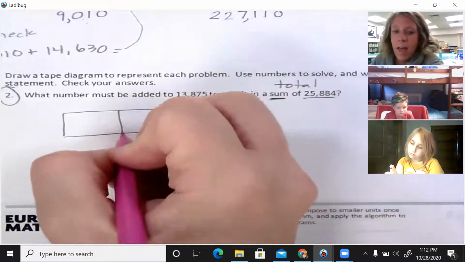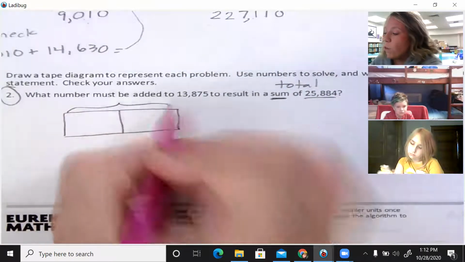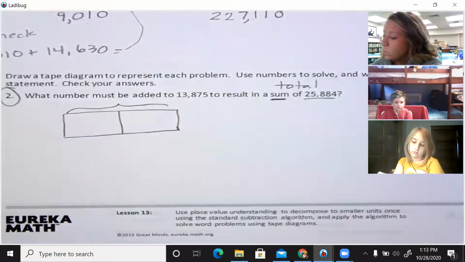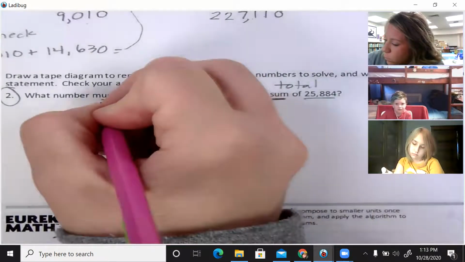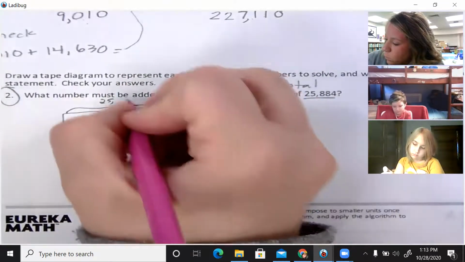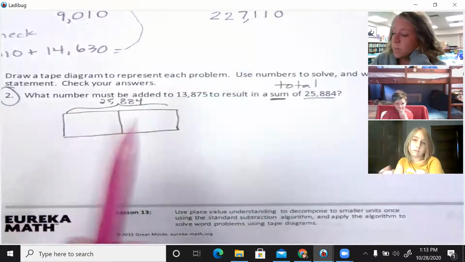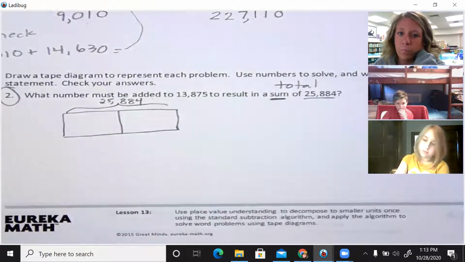I'm going to split my domino in half. The sum, the total of both of these needs to be what? What's my total? 25,884. So I'm going to make my curly bracket, connect my two dominoes, and I know my total is 25,884.